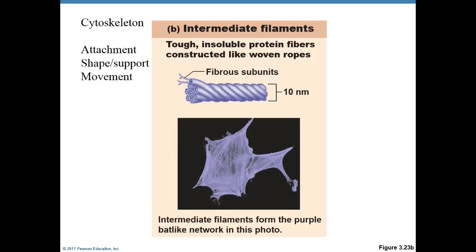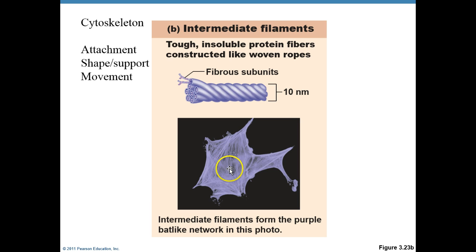So some of the other things that the cytoskeleton does: we just talked about its role in attachment. So cells are linked to each other through their cytoskeleton, which means you can't pull them apart very easily. They also, like the internal skeleton of a building, give the cell shape and support, and they actually can allow for movement.